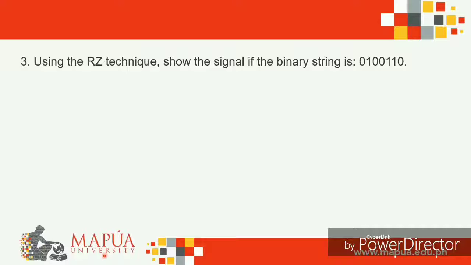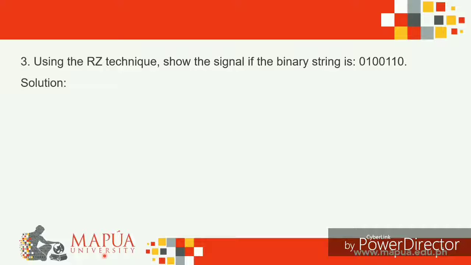We use the RZ technique, or the return to zero technique, in this question. This technique uses three voltage levels, unlike the previous techniques that only use two voltage levels. Here, we have a positive volt equal to 1 bit, a negative volt equal to 0 bit, and zero volts means none.